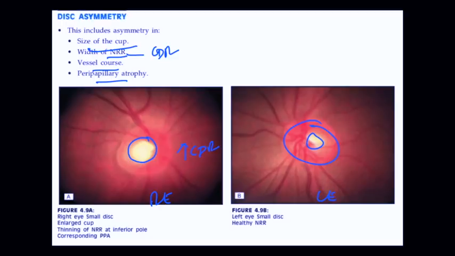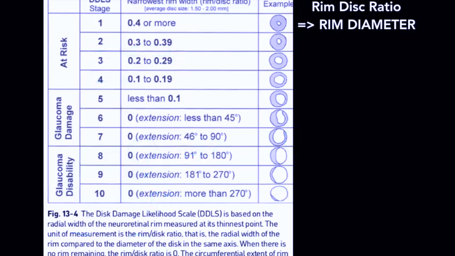There's a thinning of the rim at the inferior pole, which is not very evidently seen. You have a corresponding peripapillary atrophy here as well. A scar is also seen here, which suggests that we should always suspect glaucoma in this patient because of the marked asymmetry, or marked dissimilarity, between the disc sizes and disc features.